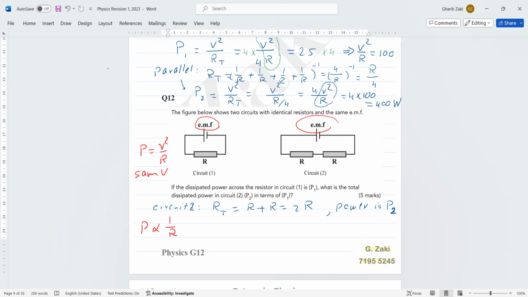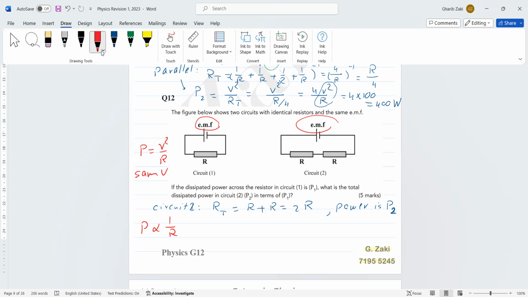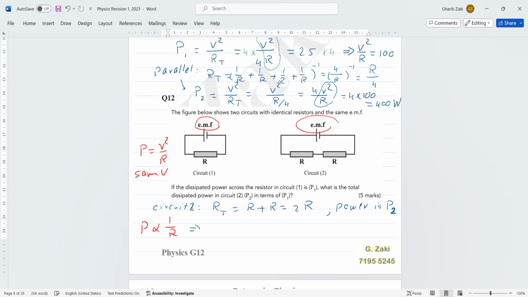Then P1 over P2 equals R total 2 over R total 1. Now, for this one, we need a relation between P1 and P2. So P1 is here, and for the second, it's 2R.